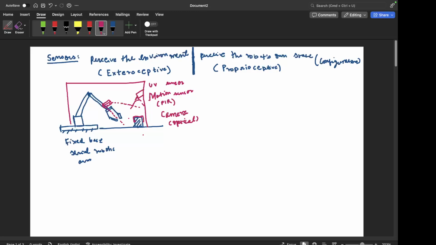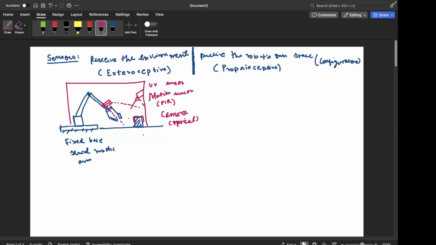All this information about the environment can be given by a camera, or that can also be done by, let's say for a mobile robot which needs to avoid obstacles, a UV sensor is perfect, right? So all these sensors that we discussed here help any robot, be it a fixed base robot or a mobile robot, perceive the environment, right?